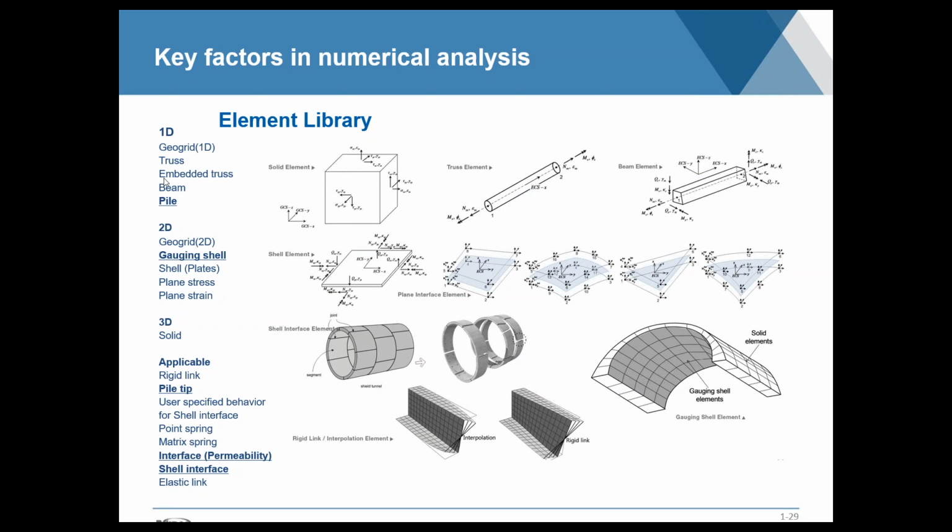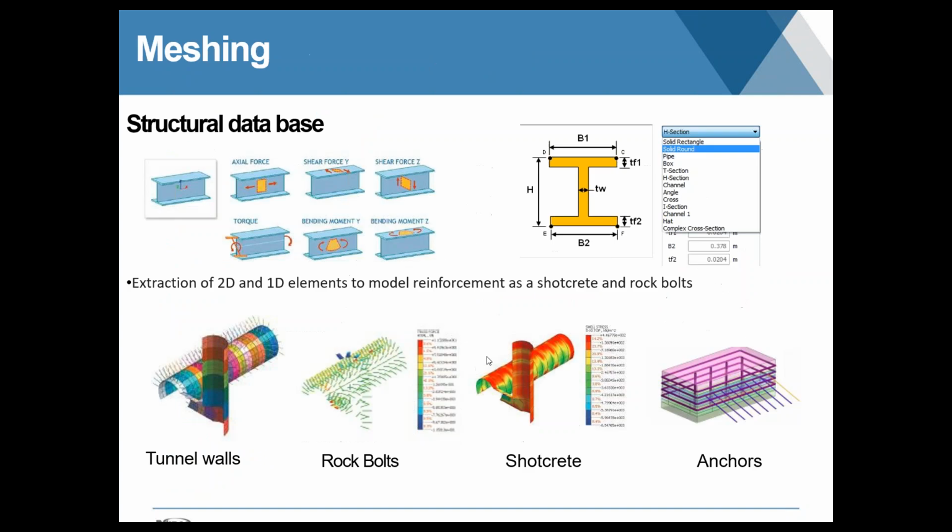And then once you define the material, what you need to do is define how the material will be used in the program. So you would say from the element library, okay, the rock will be a solid element, but the steel material that we define will be used as a truss, or the concrete material that we define will be used as a shell element for the lining. And depending on more advanced projects, you might have to use interfaces or other things.